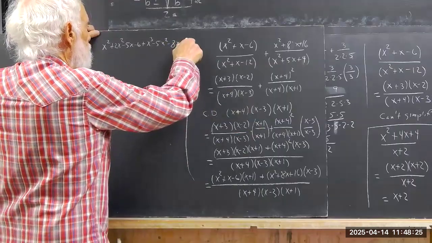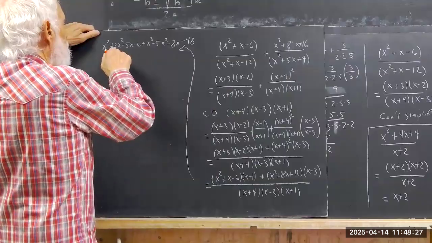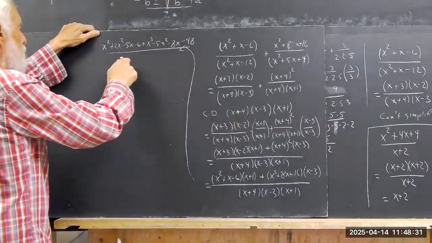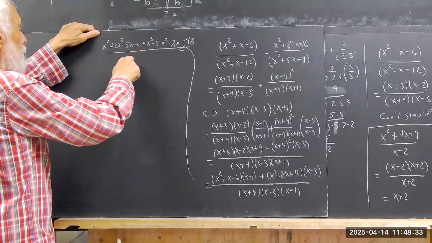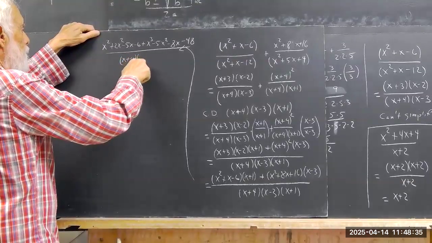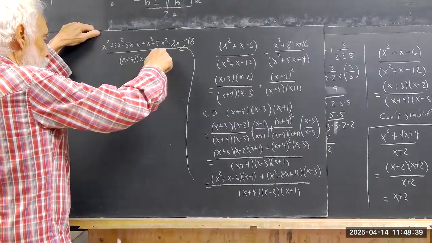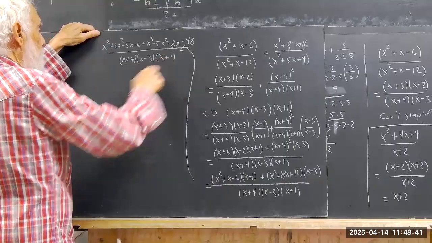And we're going to have minus 48. That's all over x plus 4 times x minus 3 times x plus 1.